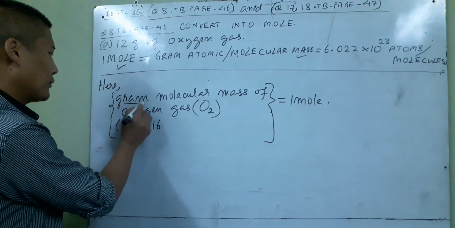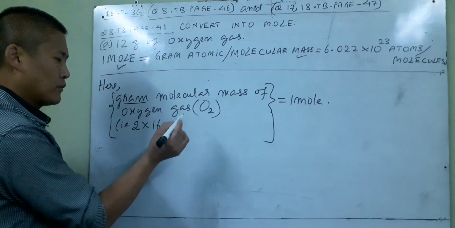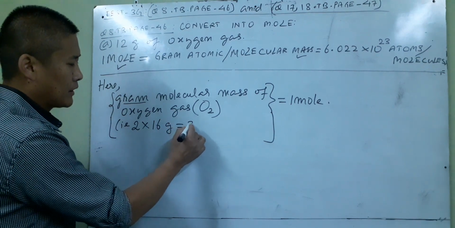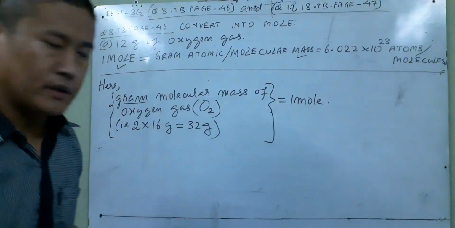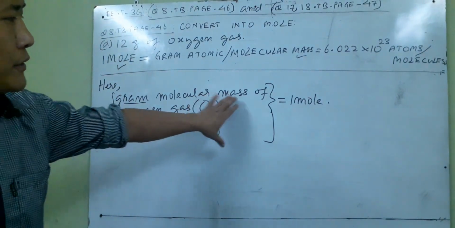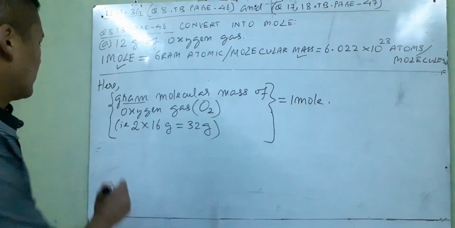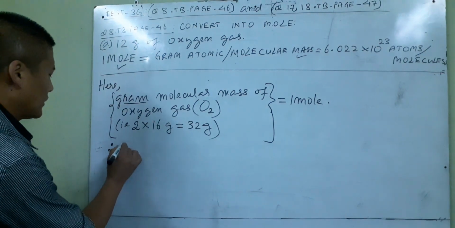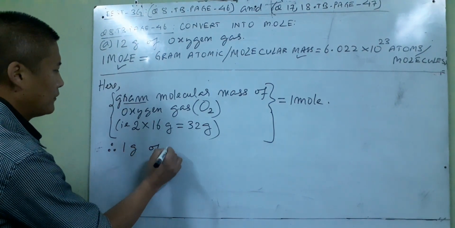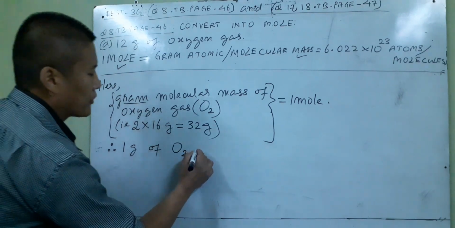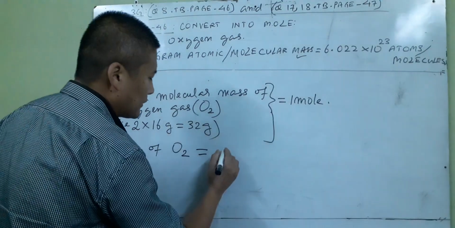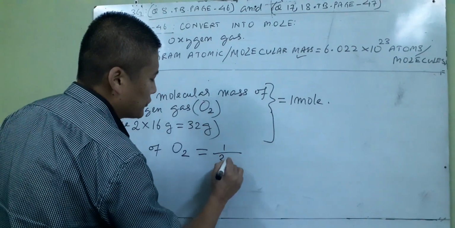But here we have to write gram, so we write G, and 16 times 2 is 32 grams, the gram molecular mass of oxygen gas. So 32 gram, in other words, makes 1 mole. So let us find it out for 1 gram of oxygen gas, O2. You can just write it in short now. It's equal to this 1 divided by the 32.